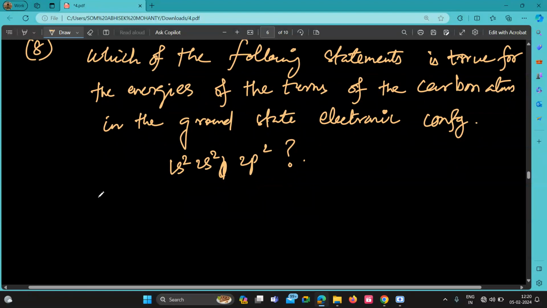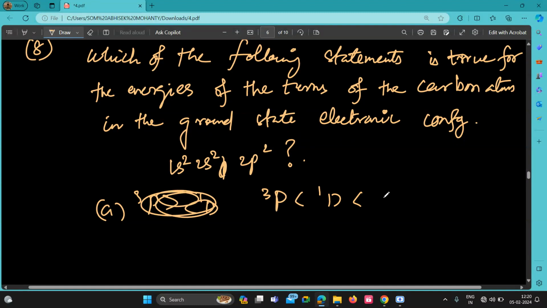Just write the options. 3p less than 1d less than 1s. Less than means this one has the lowest energy. It's saying that is the ground state energy term. From 1s to 2s to 2p2, you have to find the ground state.